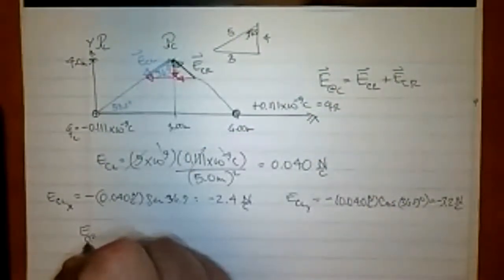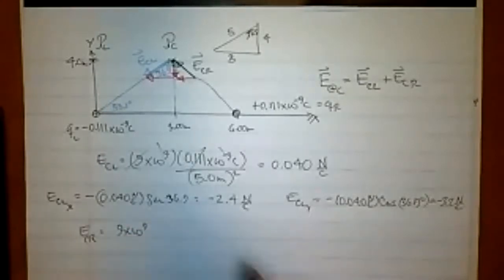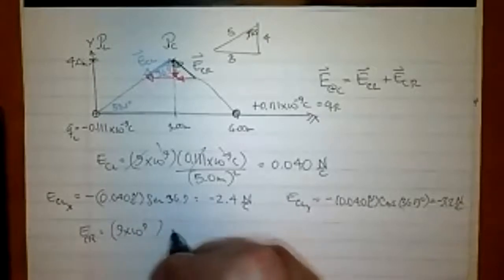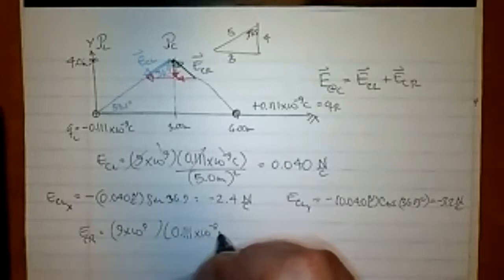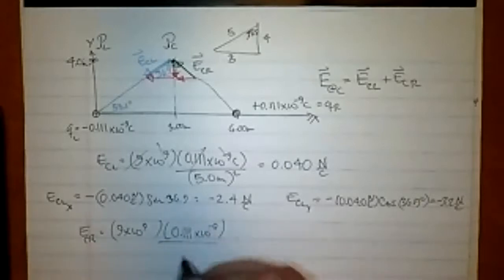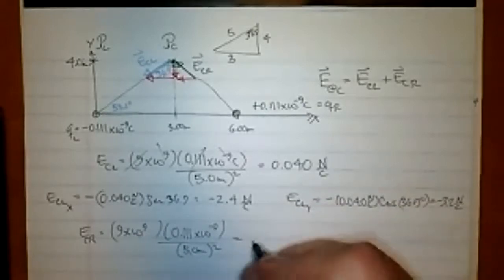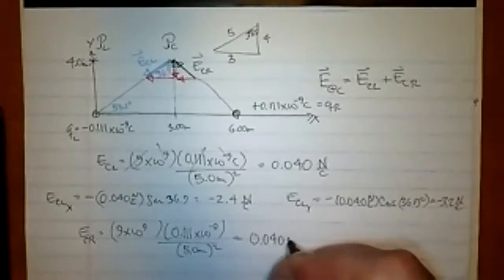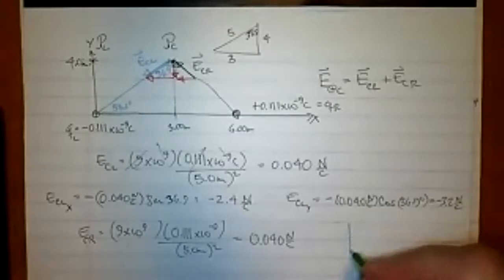E_C is going to be equal to 9 times 10 to the 9th times 0.111 times 10 to the negative 9th over, again, 5.0 meters squared. This again gives me exactly the same magnitude, 0.040 newtons per coulomb.